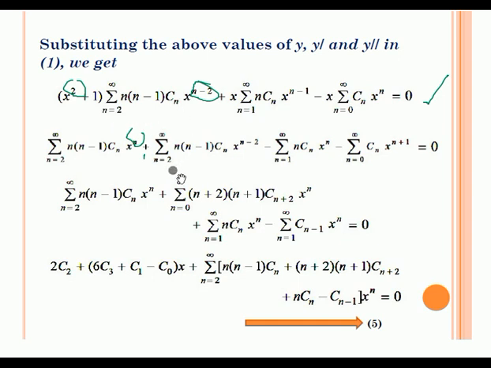This entire thing will be multiplied. 1 into something is again the sigma n equal to 2 to infinity, n into n minus 1, Cn x power n minus 2. Then as usual, the next term will be plus term. This is the plus term, sigma n equal to 1, x power 1 will be here, x power n minus 1. Then automatically 1 plus n minus 1 is x power n into Cn.